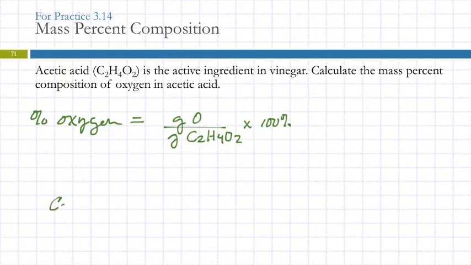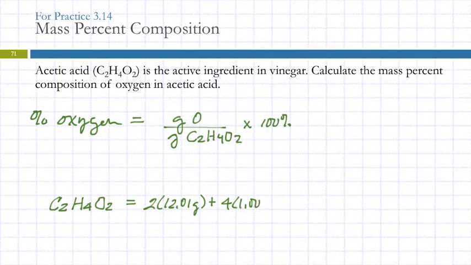So for C2H4O2, the mass is 2 times the mass of carbon plus 4 times the mass of hydrogen plus 2 times the mass of oxygen.